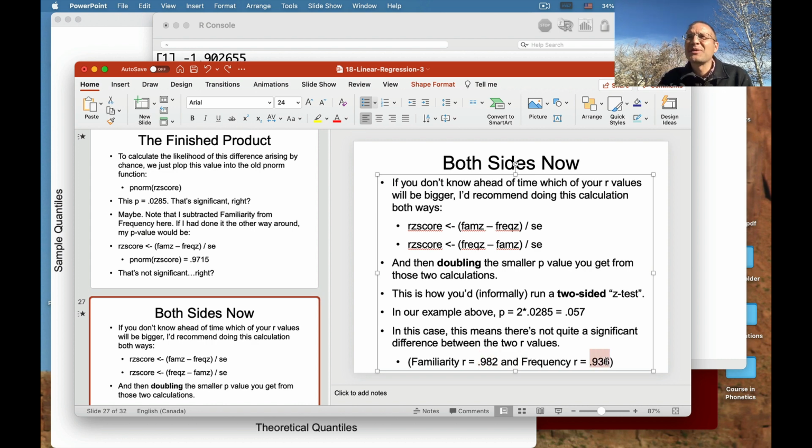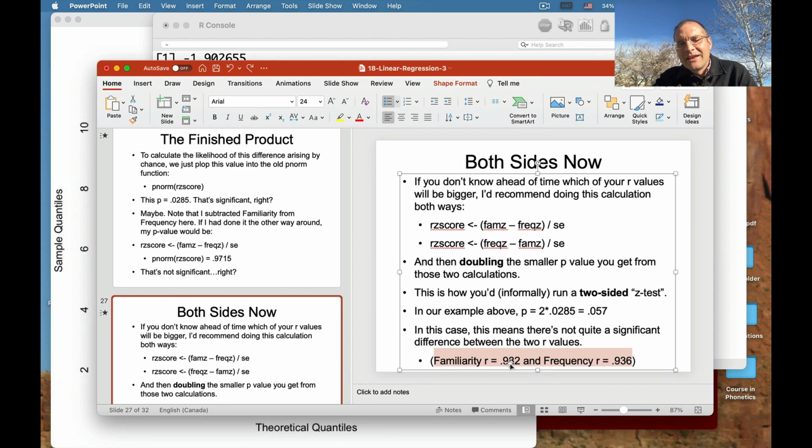And I'll mention this as well, as I'm going to wrap this up. Unfortunately, when you do get a non-significant result like this, you just accept the null hypothesis that they're both coming from the same underlying distribution. So even if you see superficial differences like this in your data, whether it's mean values or R values or whatever, you have to toss them aside and say, it looks on the surface like there's something going on, but there's not.